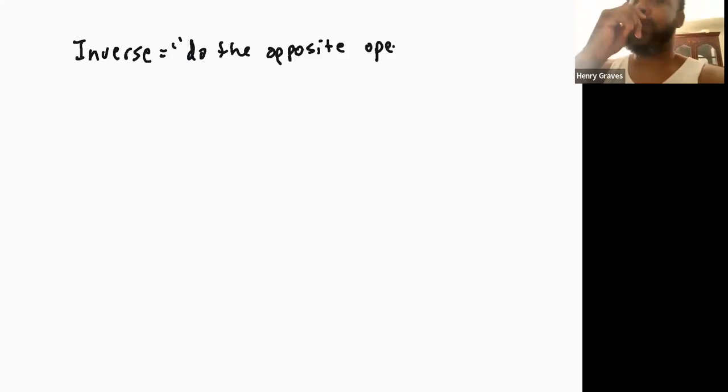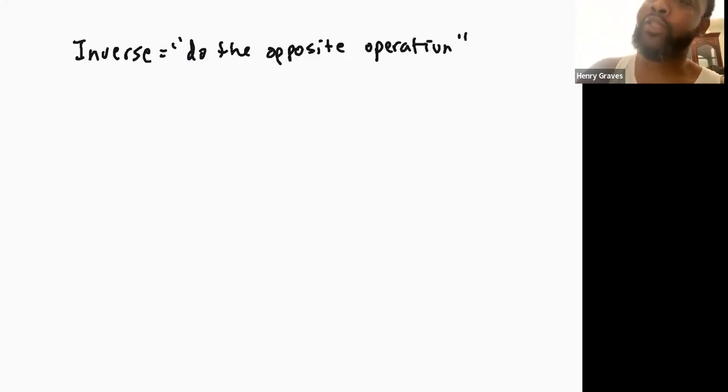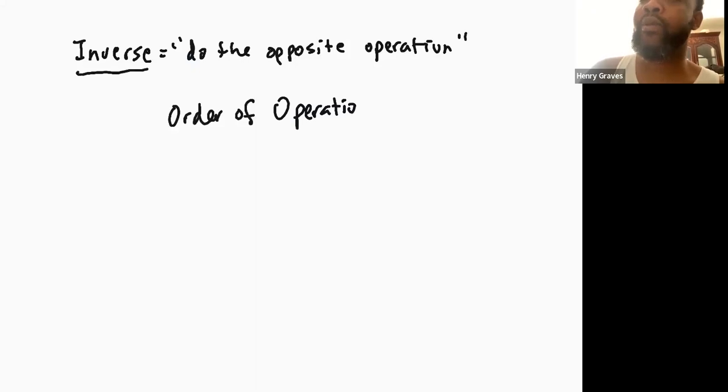In order to understand that, we have PEMDAS to help you. Order of operations. So order of operations, we have P for parentheses, E for exponents. We multiply or divide from left to right, and we add or subtract from left to right.